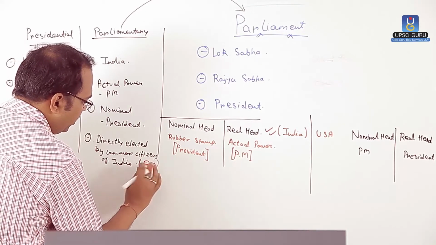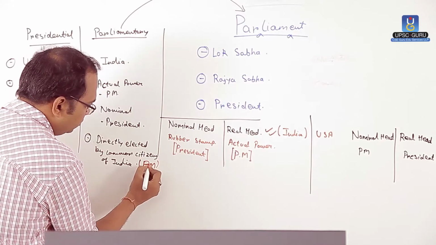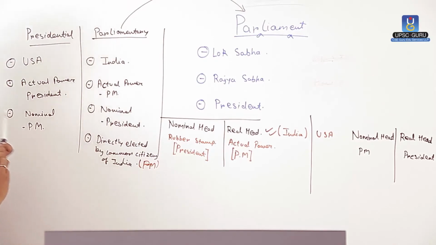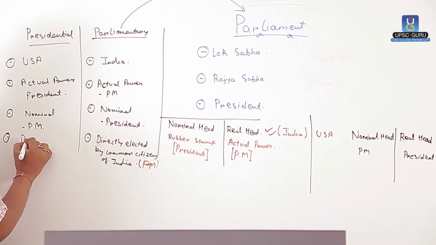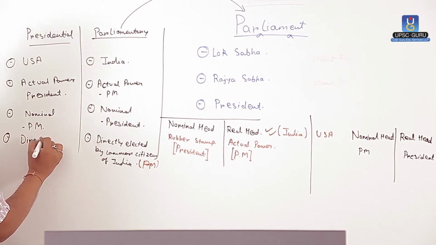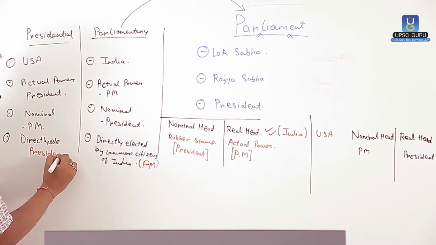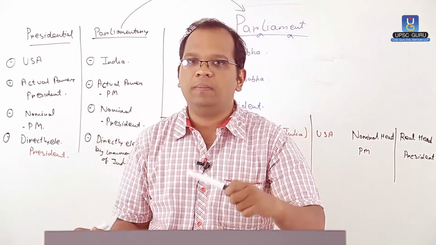Prime Minister of India is actually the direct elected member. Okay, now in this case who is directly elected? Your president. So these are the things, this is the system, you should be properly aware of it.